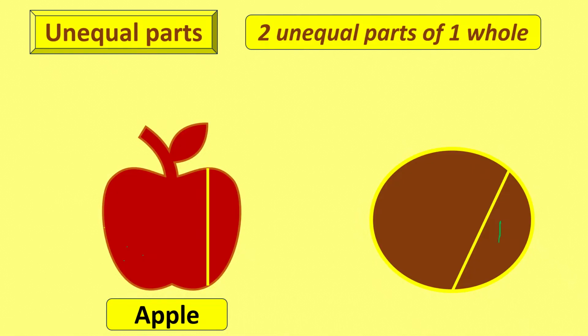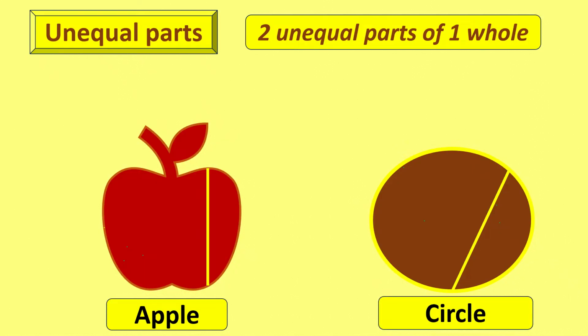Look at here, it's the first part, and it is our second part, bacha. Do both look similar? No, their shape and size are smaller than that one. Their shape and size are so big. So it's our unequal part of a whole.